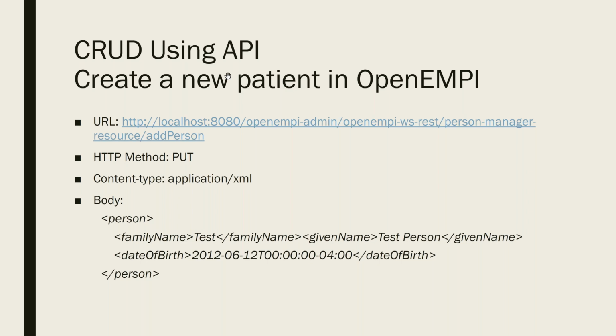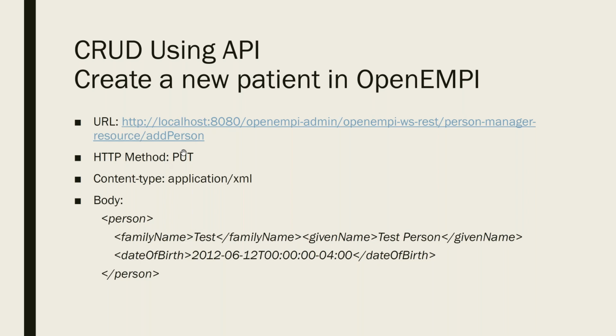For the API for creating a new patient, the URL to which you will send your request is given on your screen. Here you will just replace the localhost with the correct IP address of your OpenEMPI server.